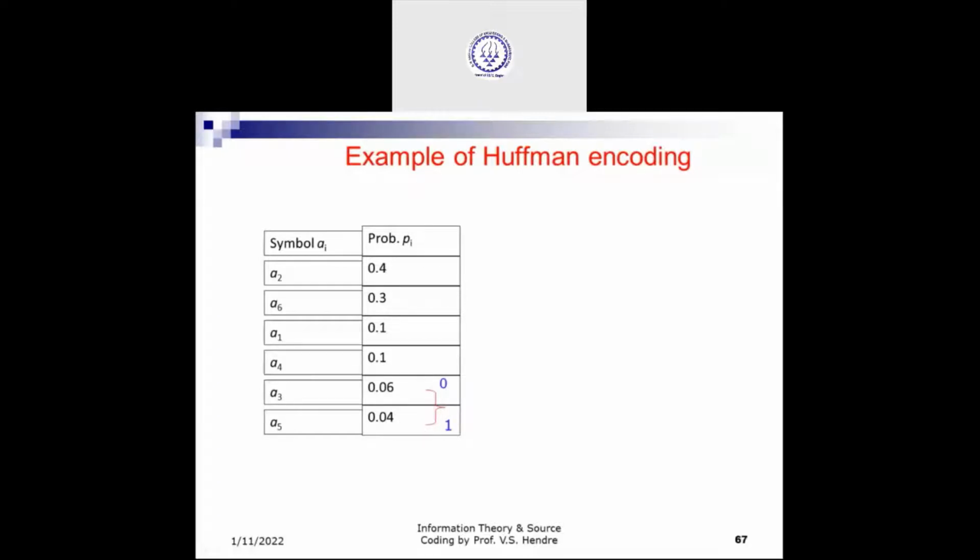That is my step number 2. Once again, I'll repeat. I have arranged all the probabilities in descending order. I have taken the two lowest probability symbols and combined them together. To the upper symbol I have assigned binary 0, and to the lower symbol I have assigned binary 1.